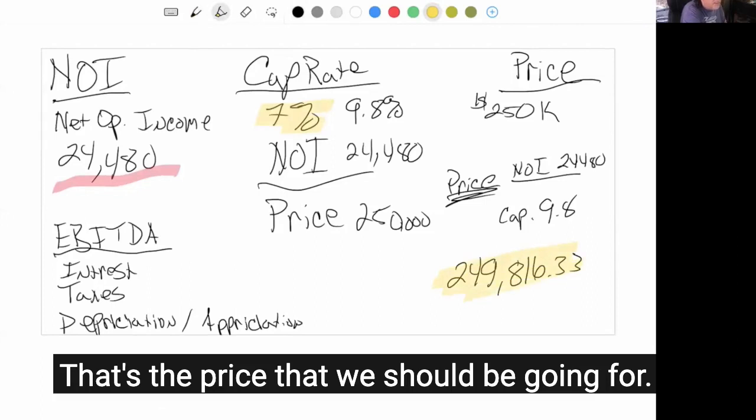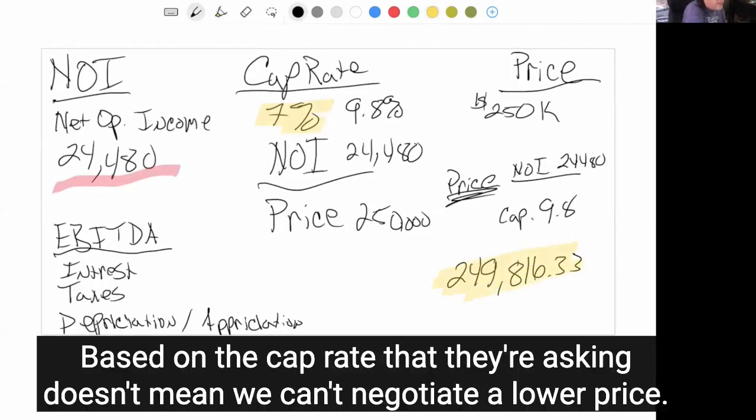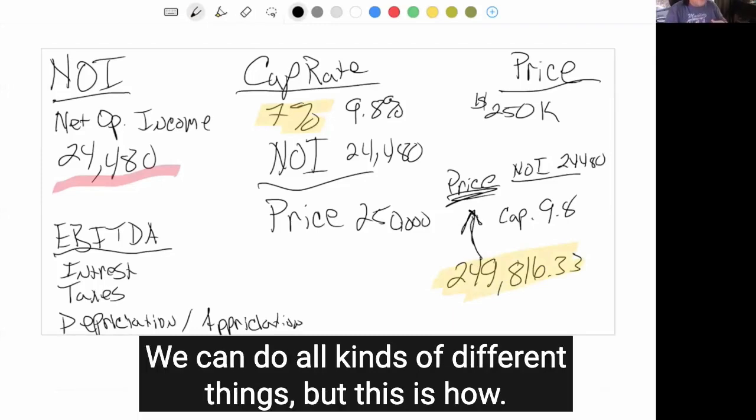That's the price that we should be going for, right? Based on the cap rate that they're asking. Doesn't mean we can't negotiate a lower price. We can do all kinds of different things, but this is how you do it.